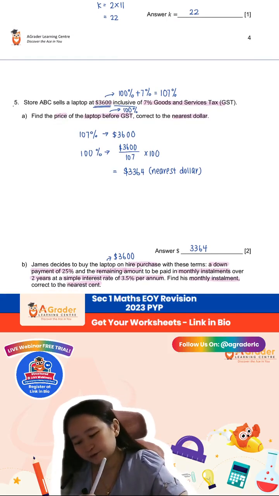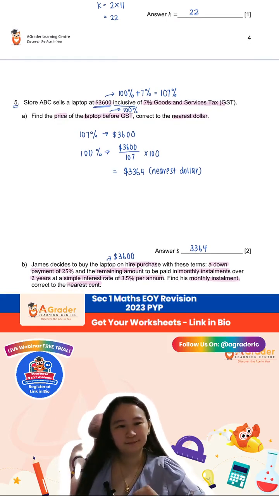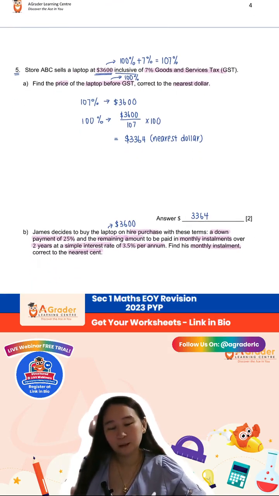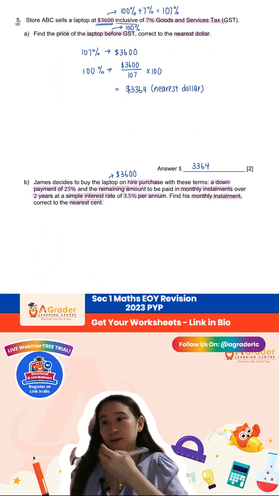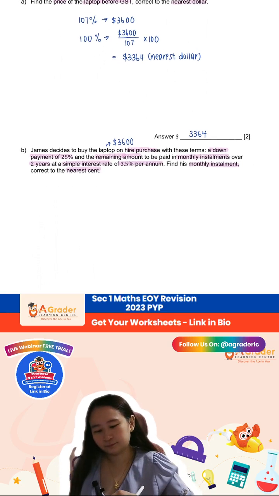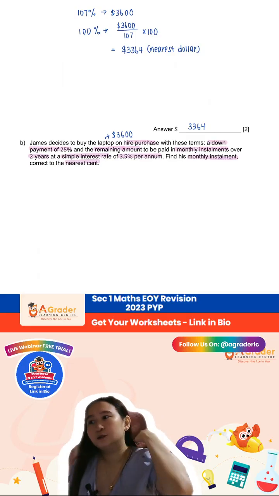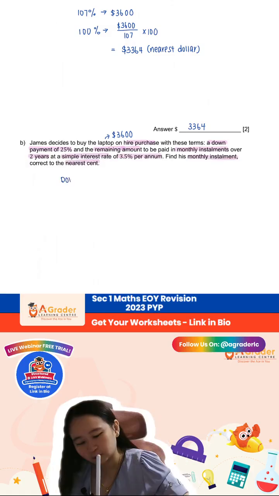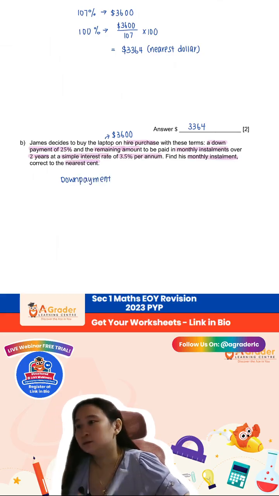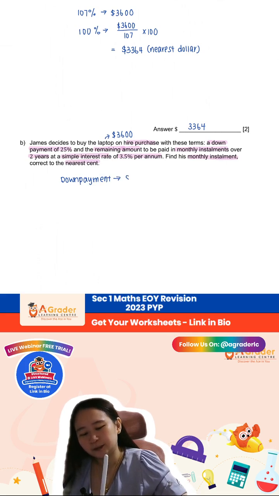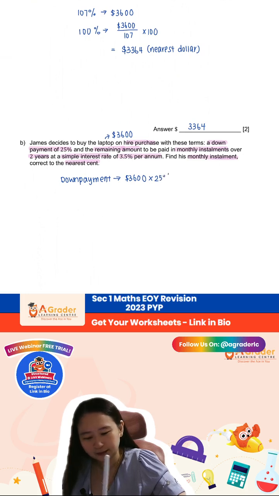This is question 5. Okay. So you have to find the amount for the down payment. The down payment is 25%. So the first payment that he made is 3,600 times 25%.